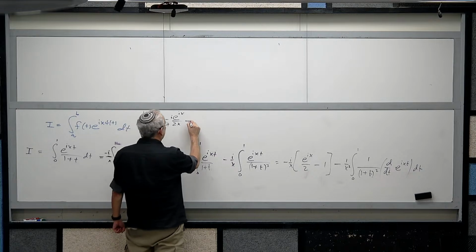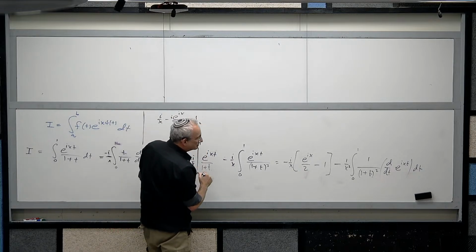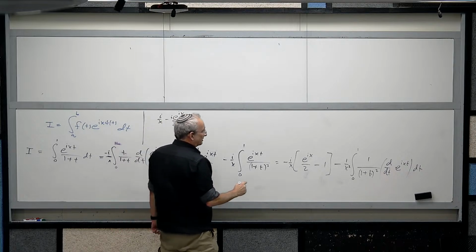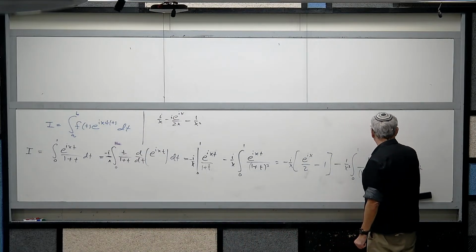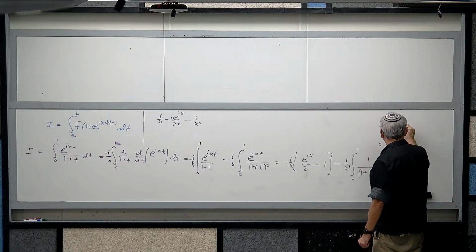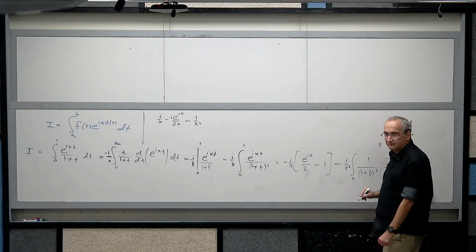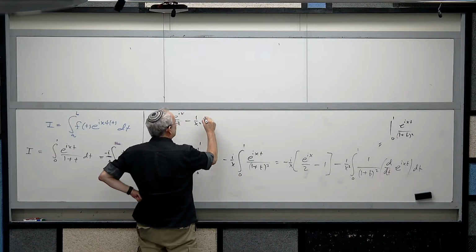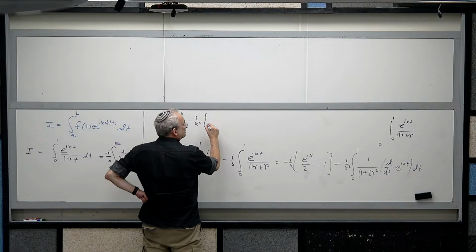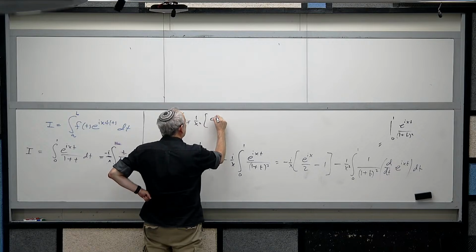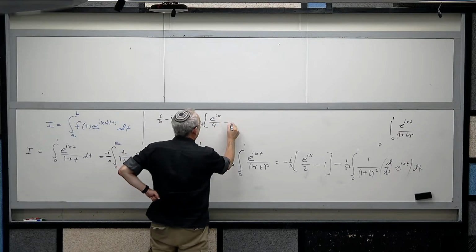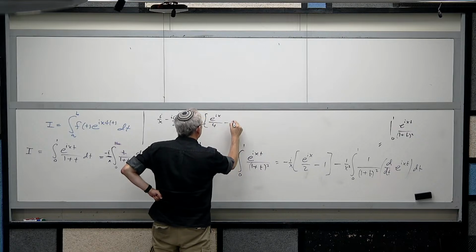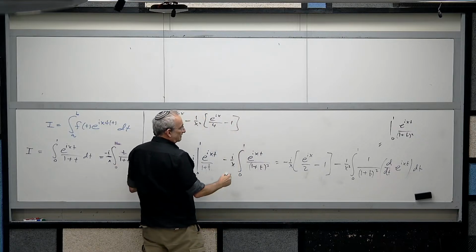And now we have minus 1 over x squared times the integral from 0 to 1 of e to the I x t divided by 1 plus t squared, which will give us the first approximation. So I have 1 over x squared times e to the I x over 4 minus 1.